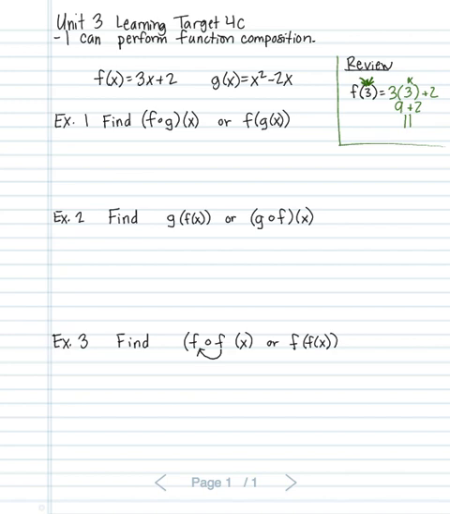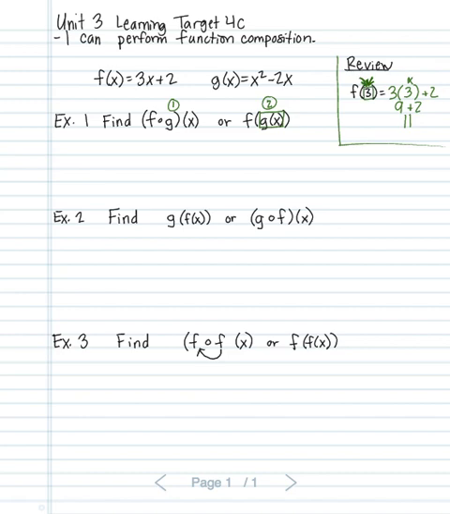So let's look at example 1. There are two different ways that this is written, and they mean the exact same thing. Let's look at the second option first. Do you agree that g of x is written on the inside of the parentheses just like 3 was written on the inside of the parentheses for the review?